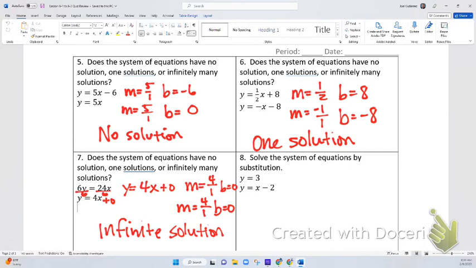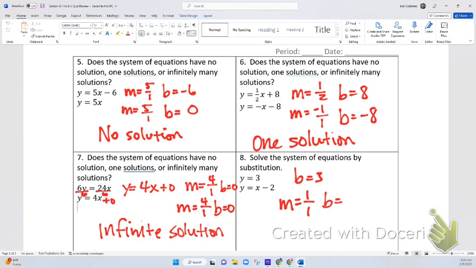For numero 8, we have y equals 3. There is no m. Okay, the m doesn't exist. And the b is 3. So there is no m. The b, there's a 3. For the bottom one, the m equals 1 over 1.